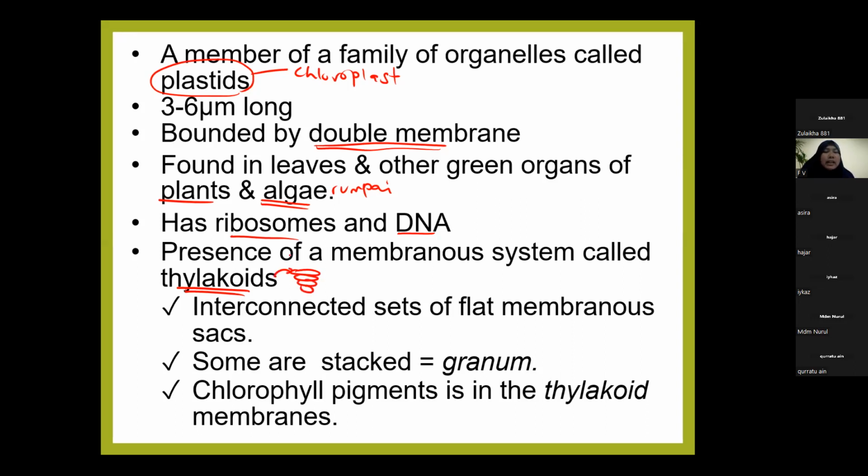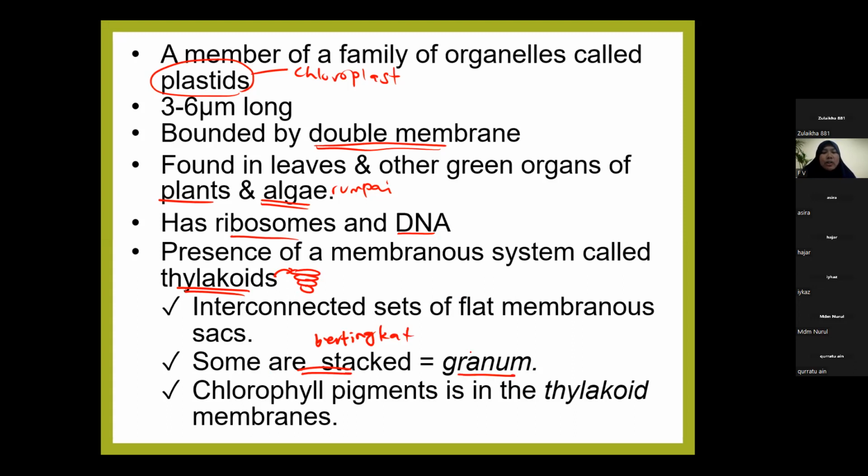Okay, so the thylakoid is interconnected set of flat membranous sac. So dia adalah interconnected set yang berhubung antara satu dengan yang lain, alright? That we call as thylakoid. And some are stacked, some are bertingkat-tingkat ataupun berlapis-lapis, that we call as granum.